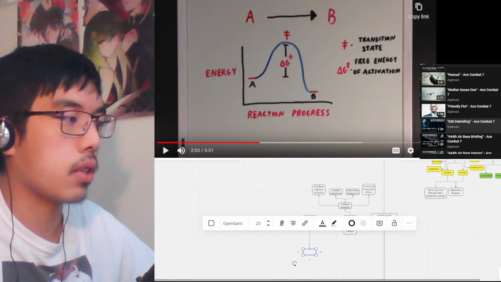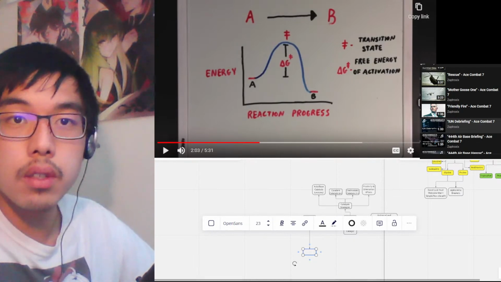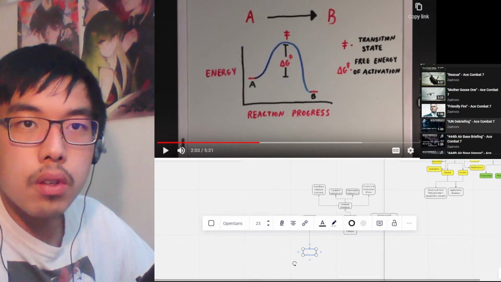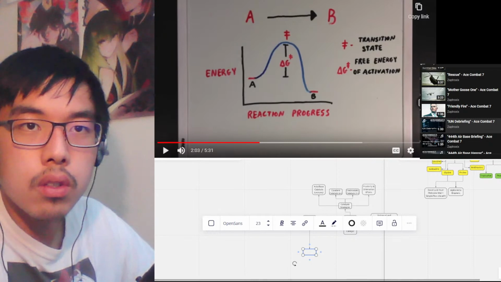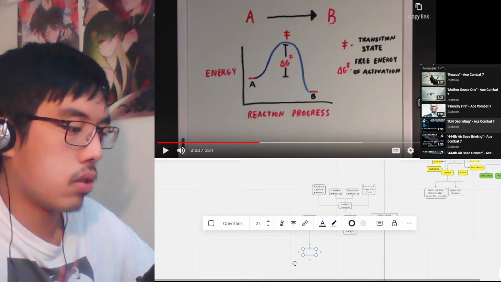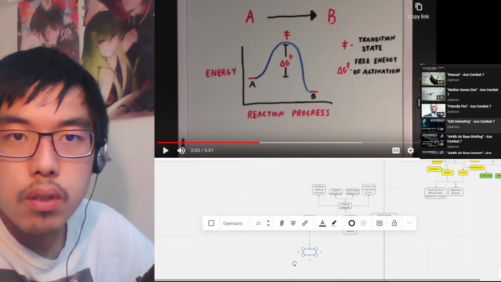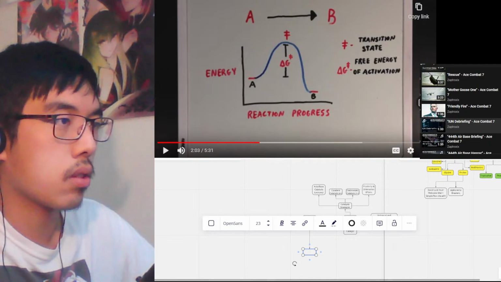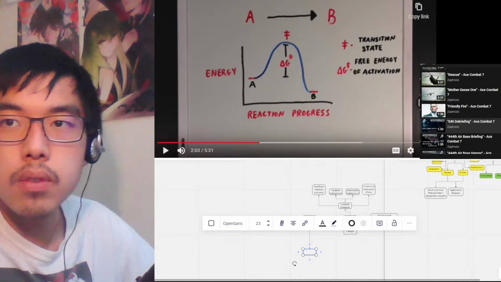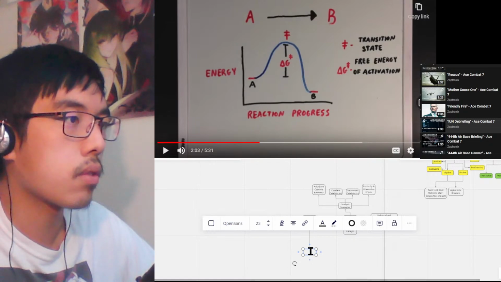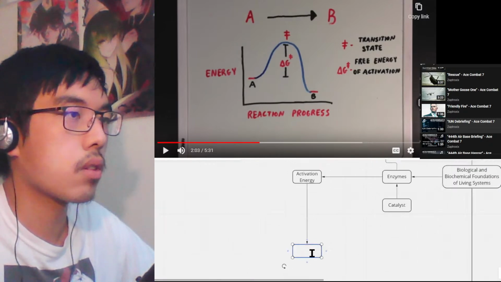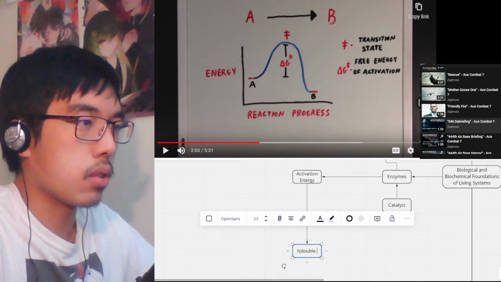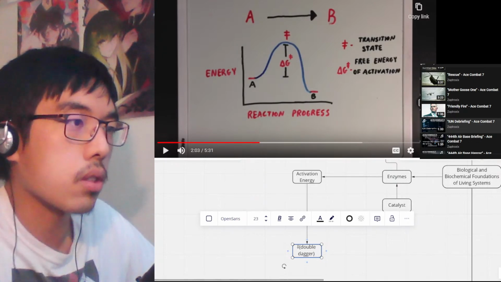Okay, let me see if I can find that double dagger thing and paste it onto the thing. Called a double dagger so that I can search it up later in case I need it.